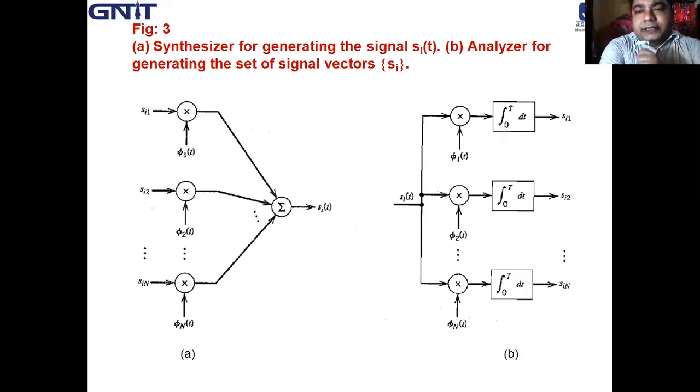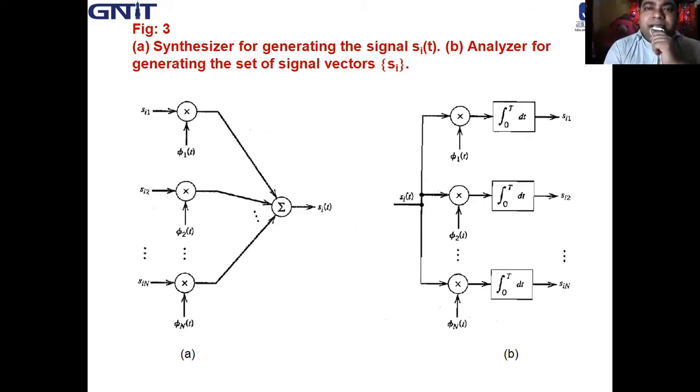Not only this, we have also proved that the squared length of any signal vector is equal to its energy, and we have determined the angle between two vectors also.